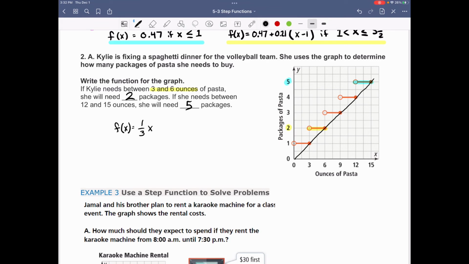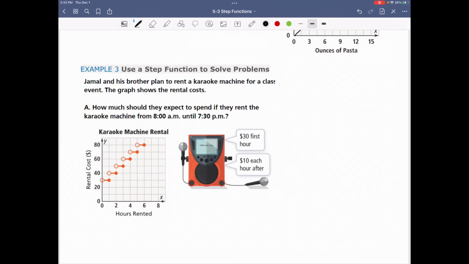So we would say the ceiling of x equals this.